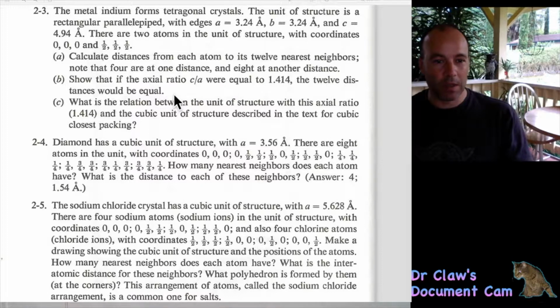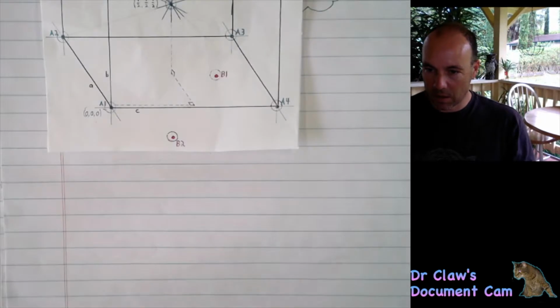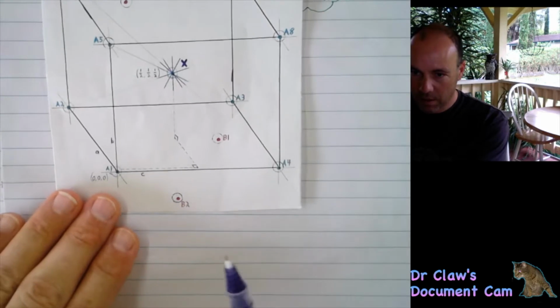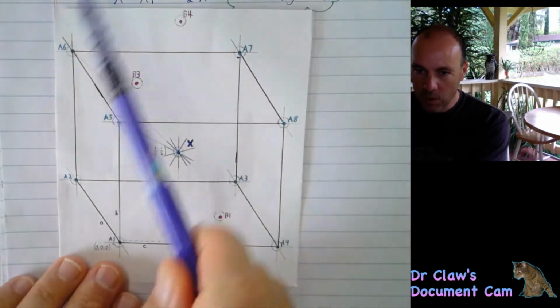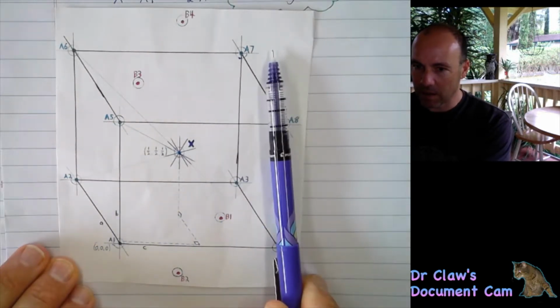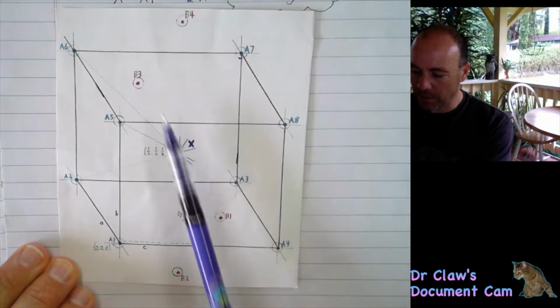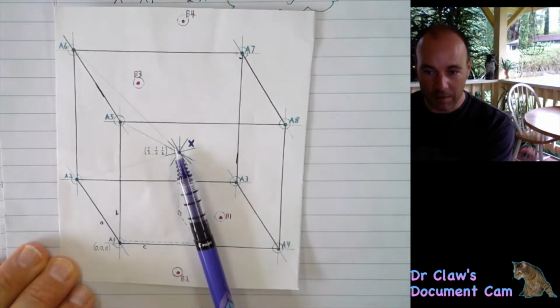Show that the 12 distances would be equal. So what this is talking about is, on our diagram here, these 12 distances, in part A, the 8 distances for these atoms were different than the 4 distances for those atoms.